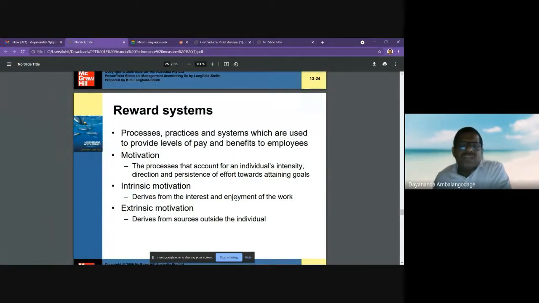But extrinsic motivation is physical objects. You are giving salaries, motor vehicle, a secretary, good room, good chair, good table, attractive new furniture. All these are extrinsic motivation.